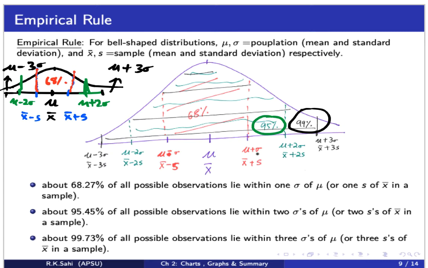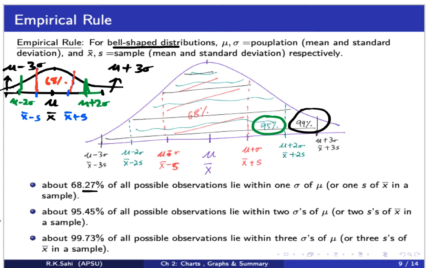This is only applicable, guys, remember, if you have a bell-shaped distribution. So once again, a bell-shaped distribution has an empirical rule which says that within 1 standard deviation of the mean, 68.27% of the possible observations lie.